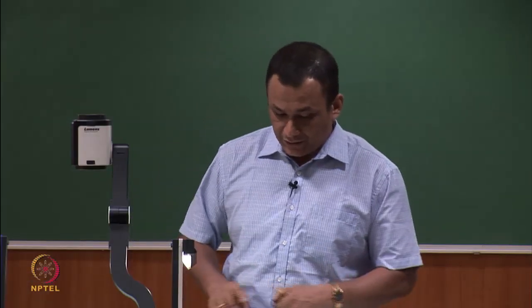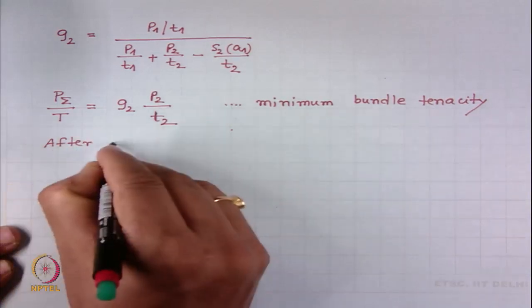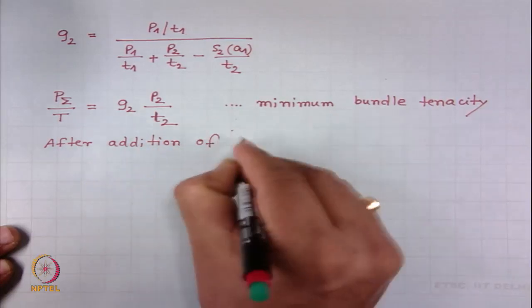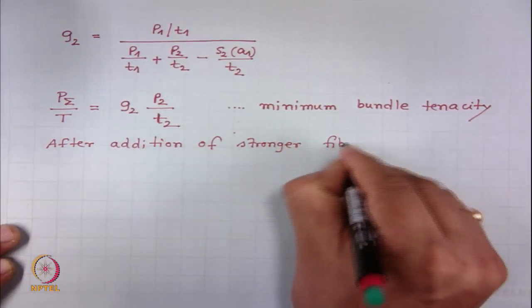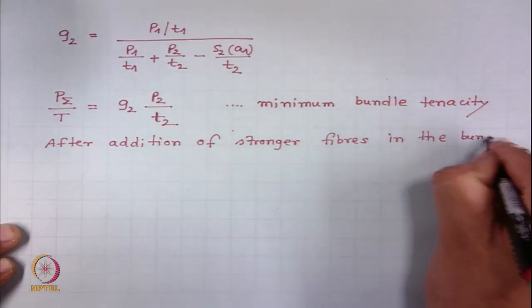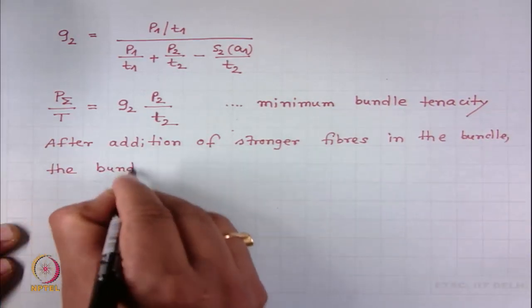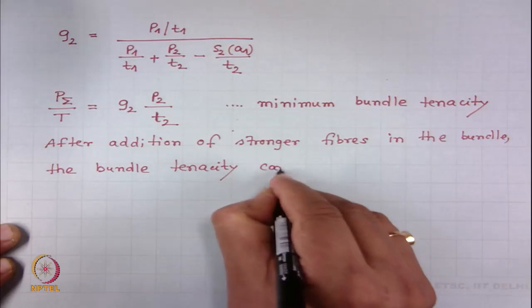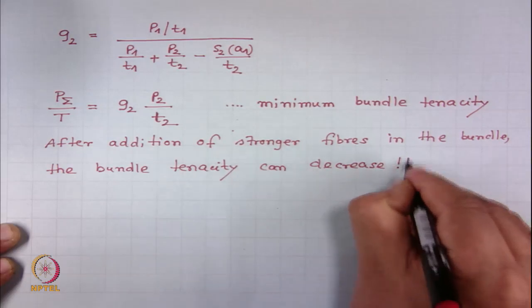So, the interesting part of this theory is that after addition of stronger fibers in the bundle, the bundle tenacity can decrease.